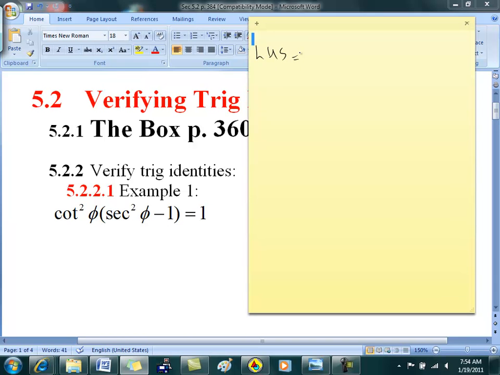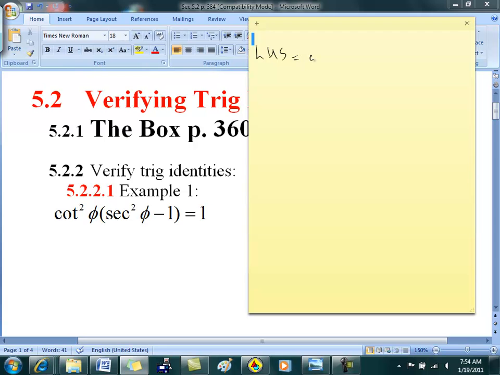Any suggestions on this? Secant squared phi minus 1 is tan squared phi. Everybody with John on that? Yeah?